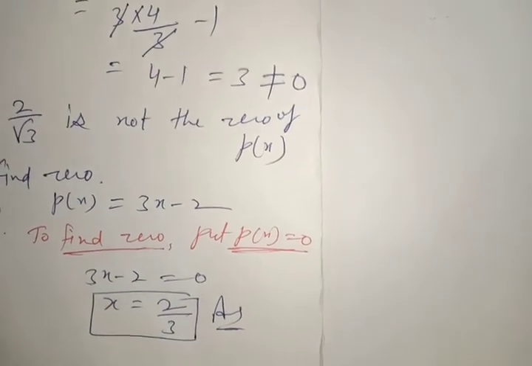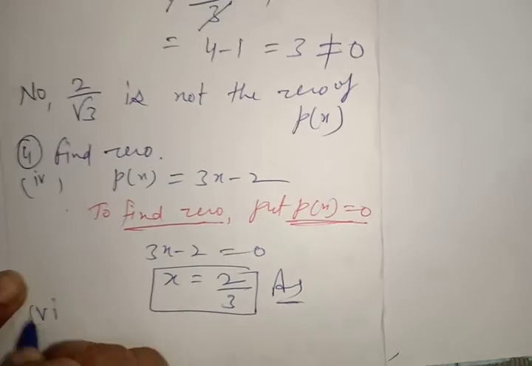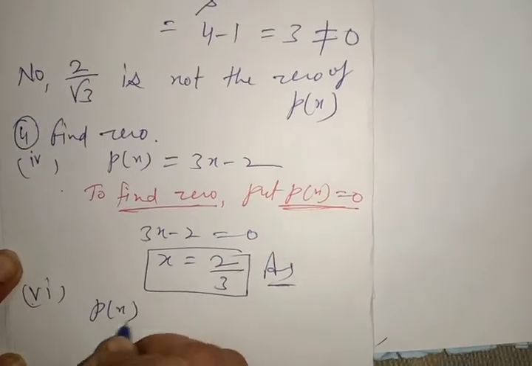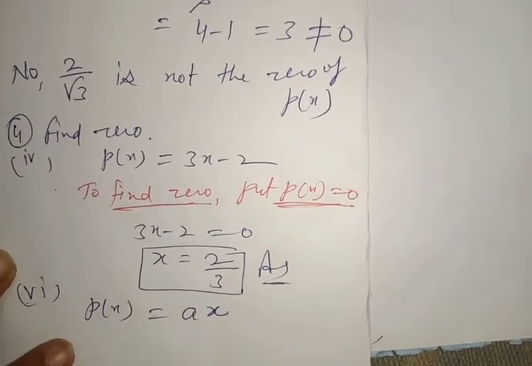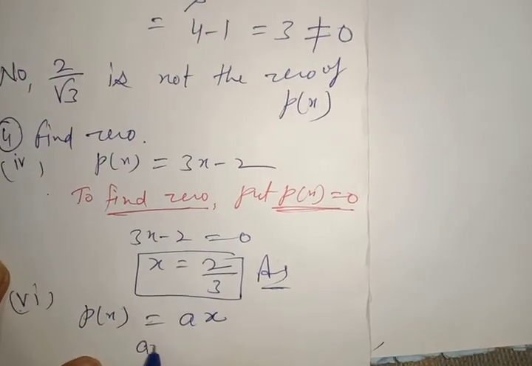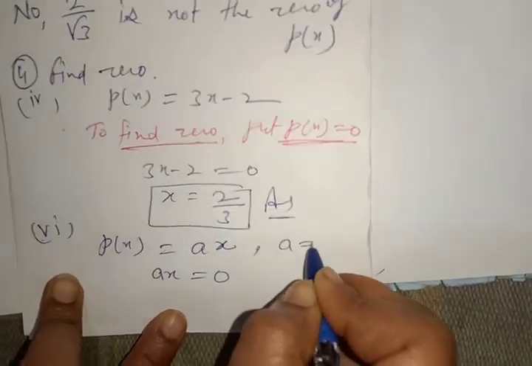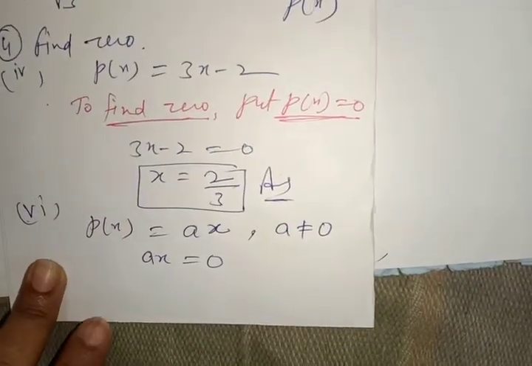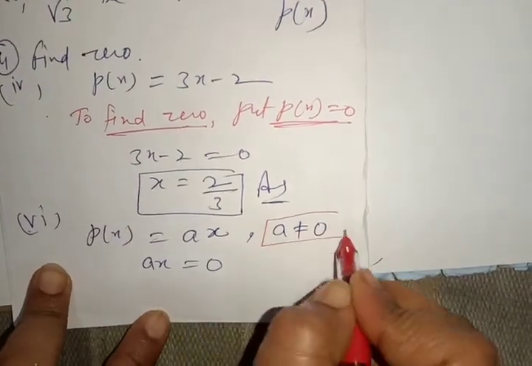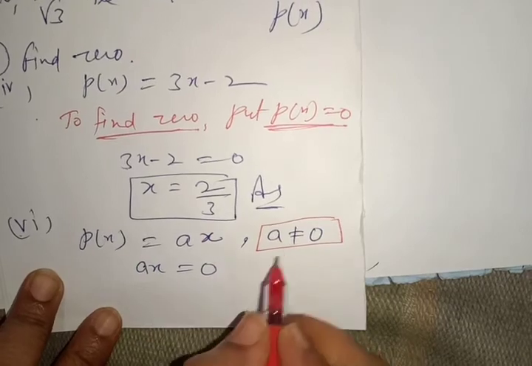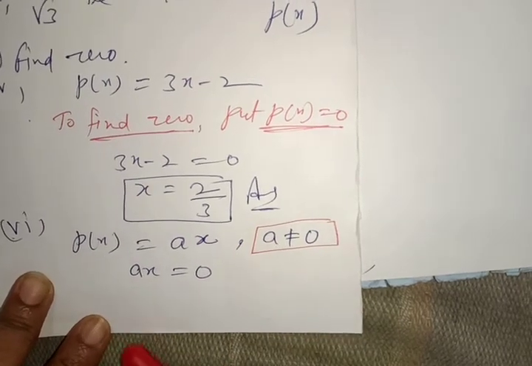One more example, the sixth part. p(x) is equal to ax. Again, if we want to find the zero, we will write this equal to 0. It is given that a is not equal to 0. The meaning of this is that a can go in the denominator.